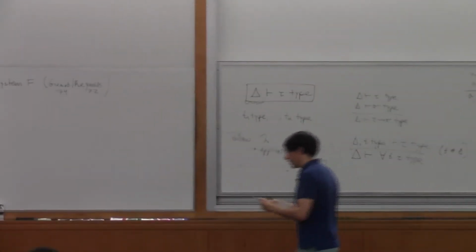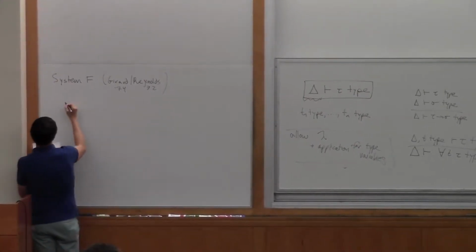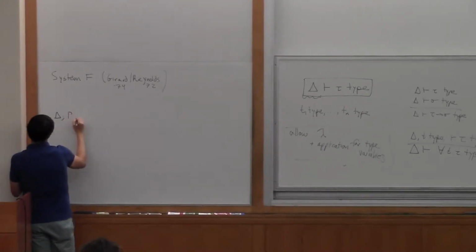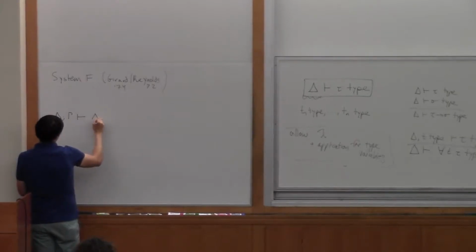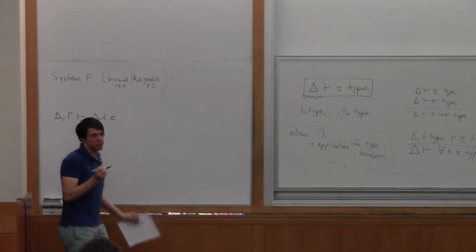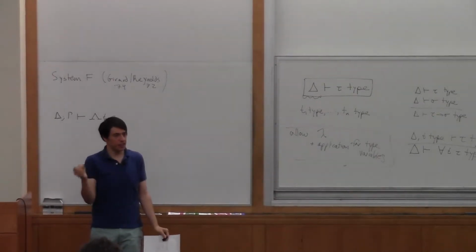So here's what that looks like in syntax. We have that, so it's customary to write this as a capital lambda, just so you can tell by looking at the term whether you're talking about a term variable or a type variable.